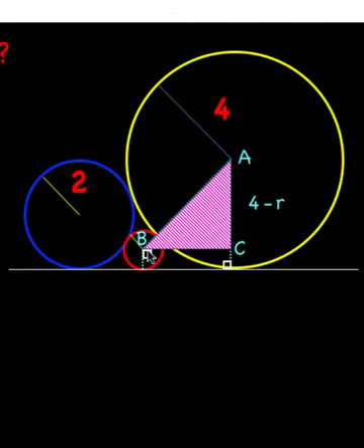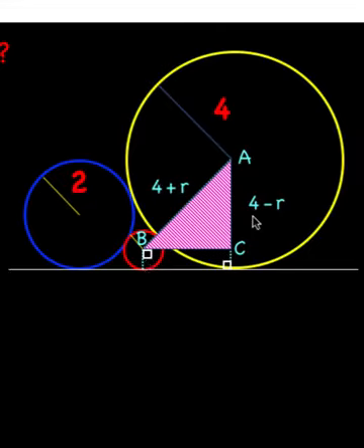That is because this line BC is parallel to the white line, forming this rectangle, and so opposite sides are equal. Then the length of side AB is the sum of the radius of the yellow circle plus the radius of the red circle. So we have 4 plus r. 4 is the radius of the yellow circle. r is the radius of our red circle.